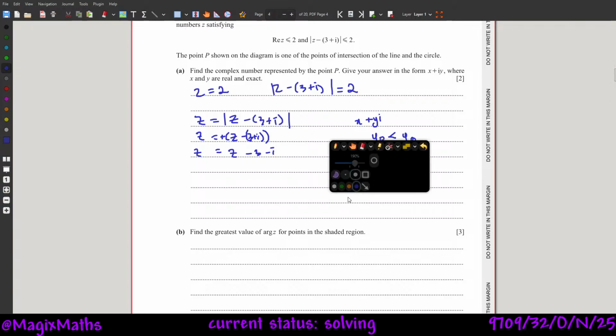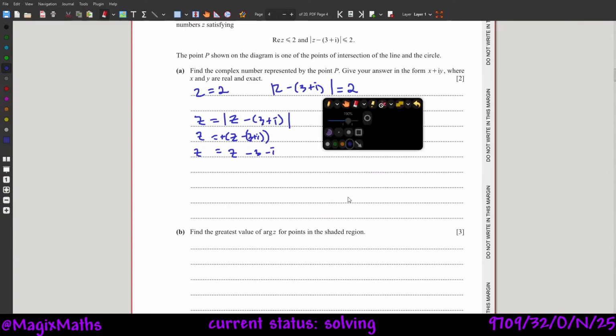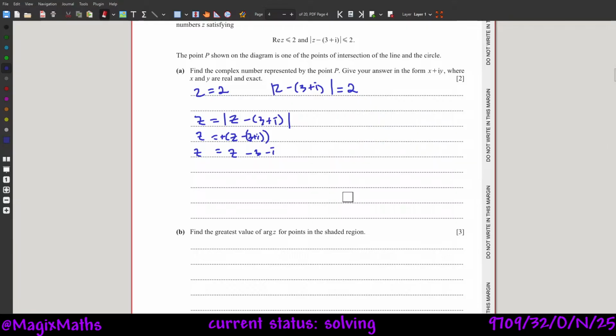Now for our other case, we also have z is equal to negative z minus 3 plus i, plus 3 plus i.